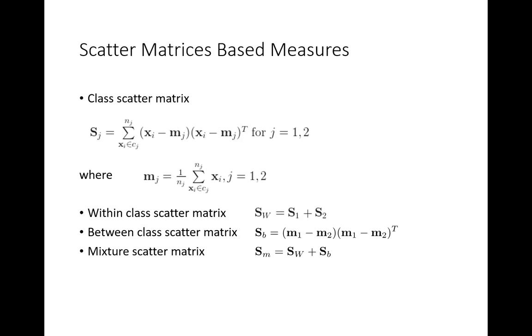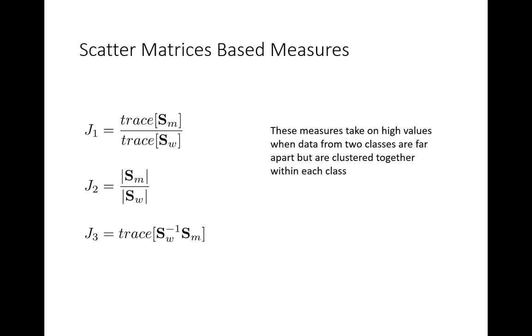These three matrices are pretty useful in a number of things, and they are also used in evaluating different features. The way these matrices are used for evaluating different features is based on some of the properties of these matrices. So there is a measure called J1, which is defined as the trace of matrix SM divided by trace of matrix SW.